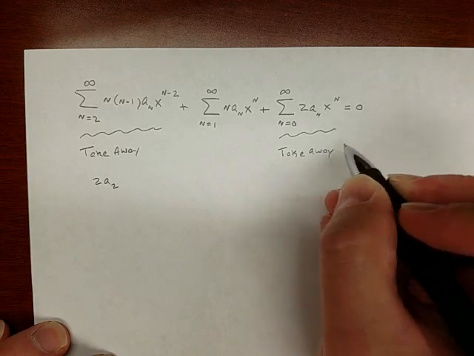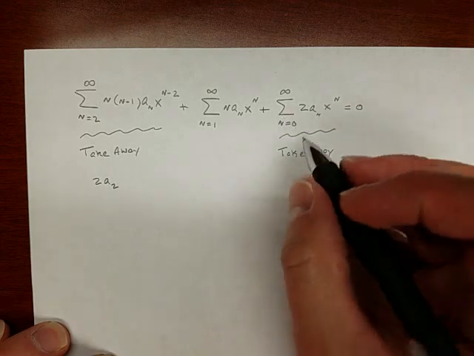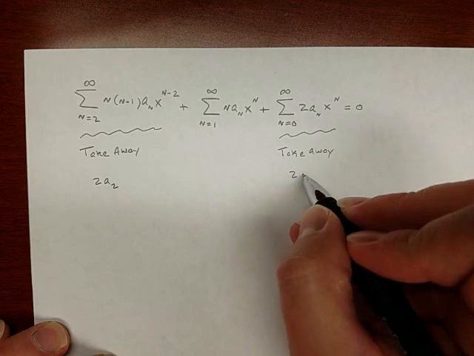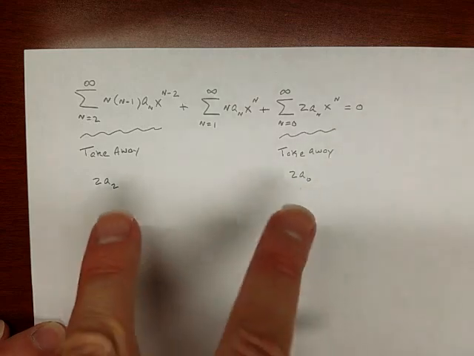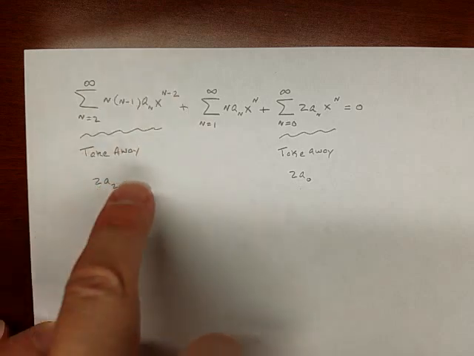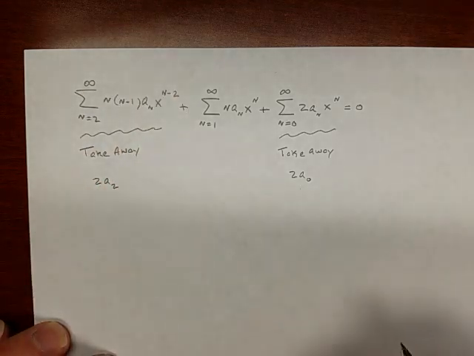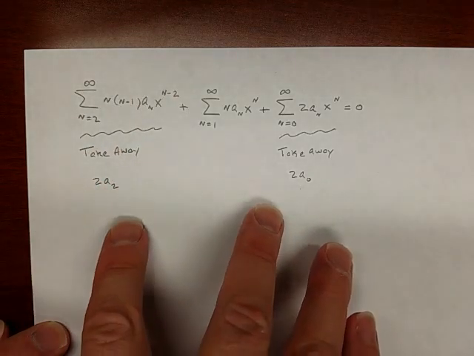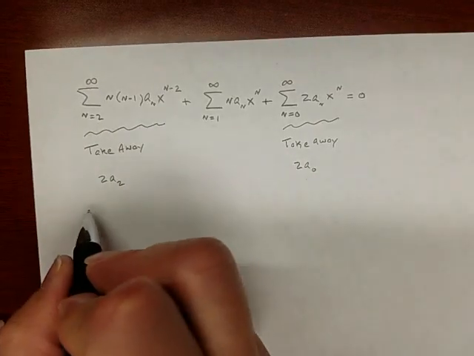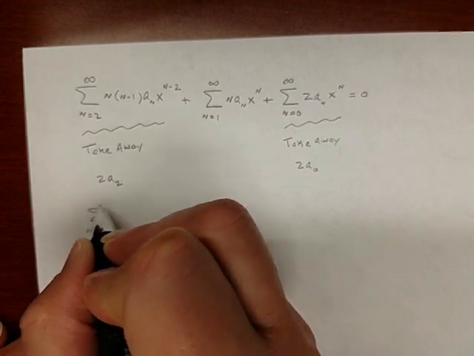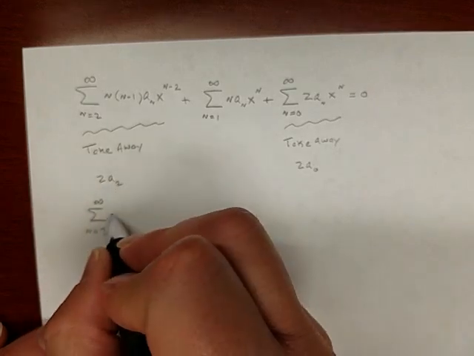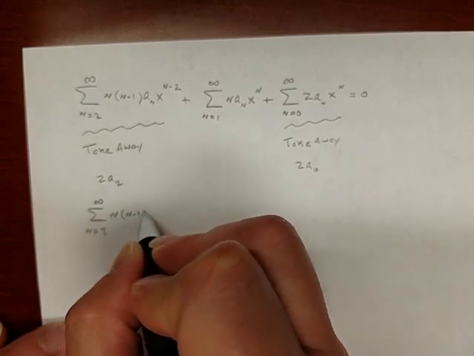I'll take away what would be the first term of that series, which is 2a_0 times x to the 0, which is constant. Now, we'll just take that out, and then we'll run the series from there. And here's what that'll look like. That one now starts at 3. Okay, but this doesn't change.